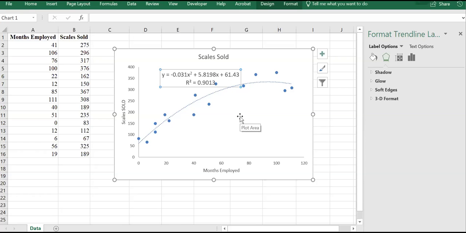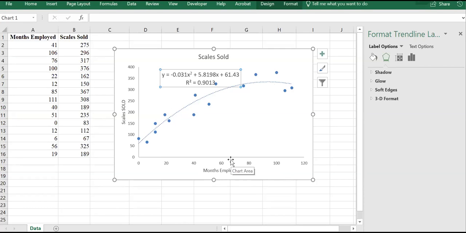A quadratic relationship tells us that the relationship is not constant. You don't have a constant increasing or decreasing relationship within your experimental region. So the rate of change is now variable. The rate of change is not constant. And when you have a graph like this, it means that there is a best month of employment.